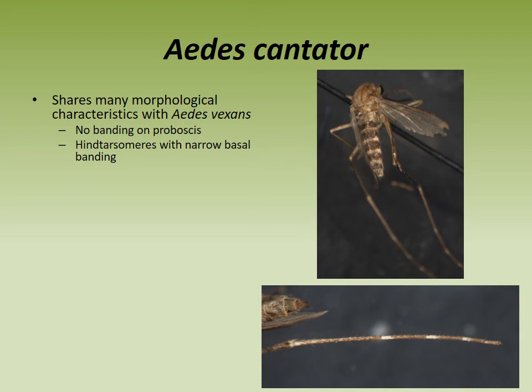They're brownish, instead of vexans, which are more black and white. And then the other characteristics that we'll go over here. There is no banding on the proboscis, and the hind tarsomeres have narrow basal banding, just like vexans. Overall, more brownish gold than vexans, and that color can really stand out if you know what you're looking for.